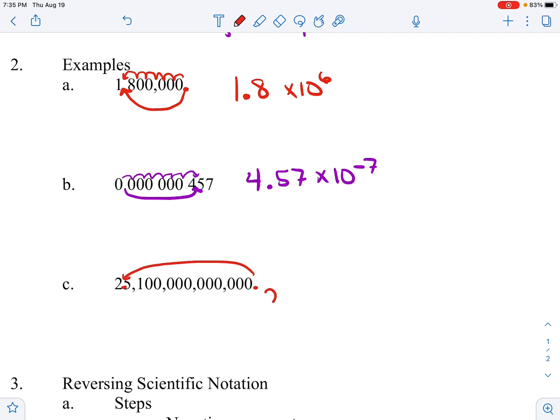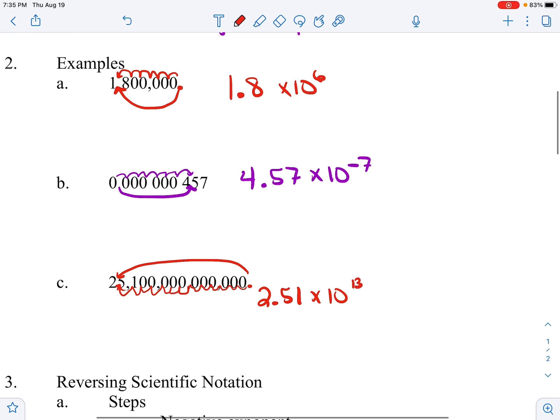So we're going to say 2.51 and then times 10 to the, how many spots did we move that? 1, 2, 3, 4, 5, 6, 7, 8, 9, 10, 11, 12, 13. So we're going to say 13, 2.51 times 10 to the 13th. And that saves us a lot of space on our paper instead of writing out a bunch of zeros.